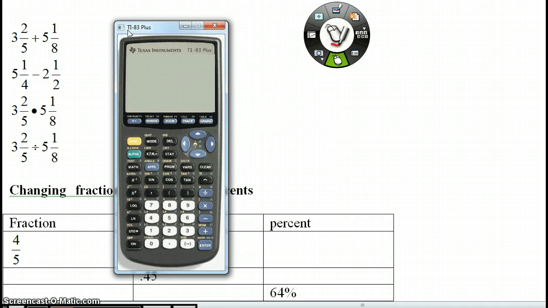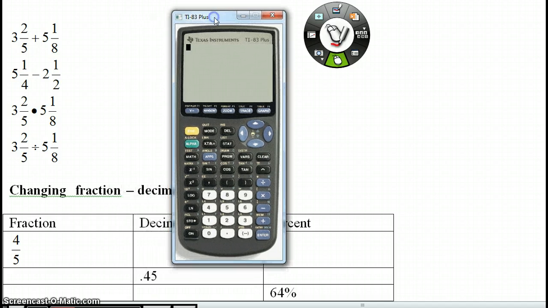So I'll have to teach you how to do fractions on the calculator. If you will write down problem number 1, and then any notes that you need to write down as far as how you get this answer on your calculator. It's a little different. So fractions, we talk about adding fractions. The way we type in 3 and 2/5 on our calculator is a little different.